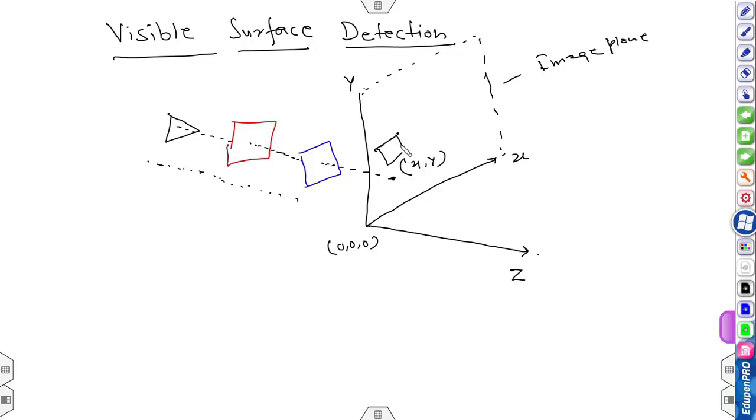Suppose we pick any point, say x1 y1 z1, on this first game object.